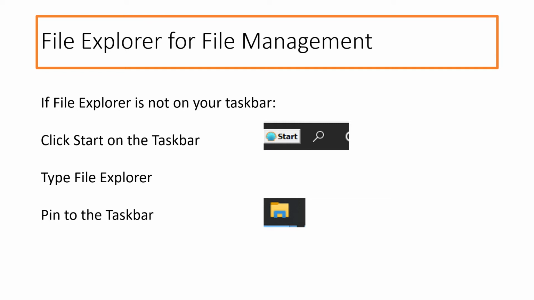Go ahead and click on File Explorer, and you can also pin it to the taskbar if it's not already, so you don't have to hunt for it every time you need to use it.